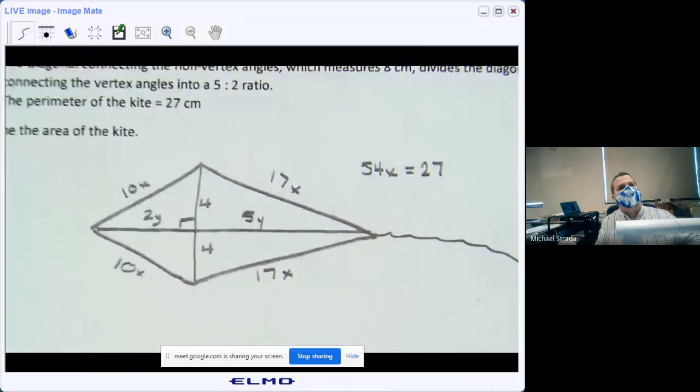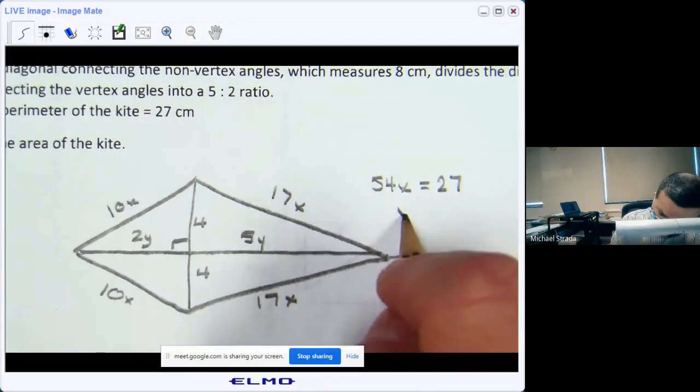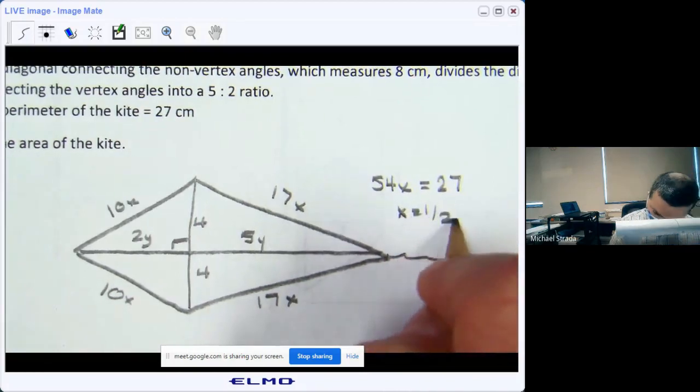So I'm going to come up with the equation 54x equals 27. Everybody understand where that comes from? Anybody not? Okay. All right. And then I'm going to divide both sides by what? 54, and x comes out to be 1/2.